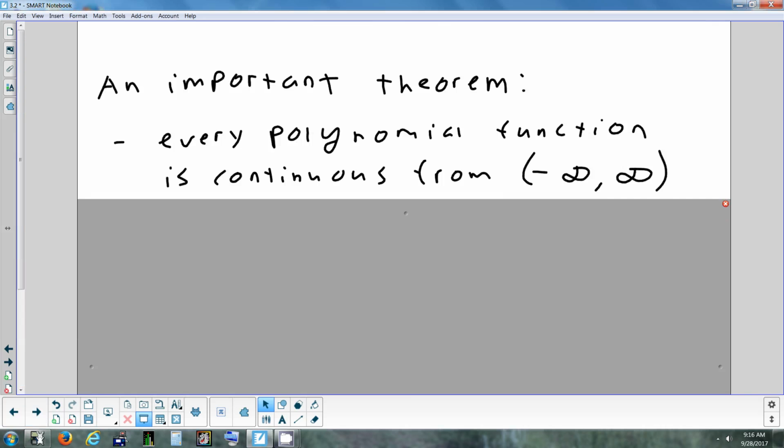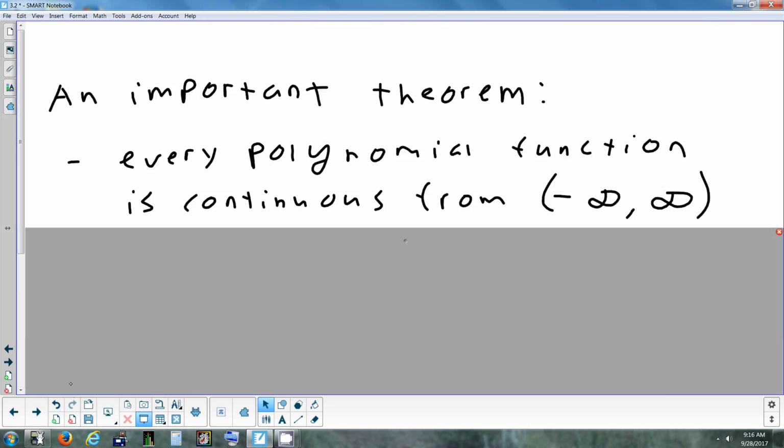So I mentioned this idea when we talk about domain. Every polynomial function is continuous from negative infinity to infinity. So in other words, if I give you a polynomial function, you can't find an interval where it's discontinuous. It's impossible. Polynomial functions are always continuous forever.